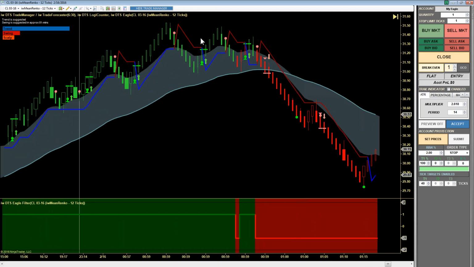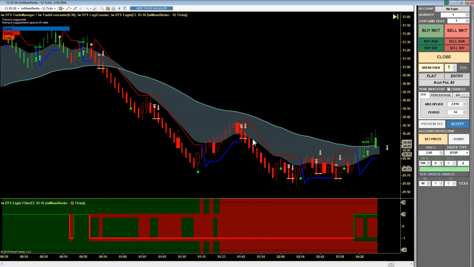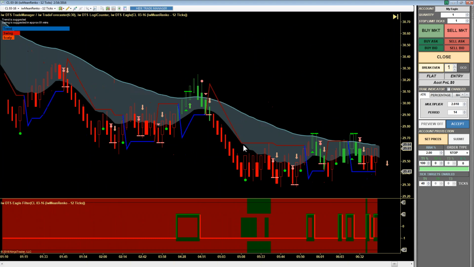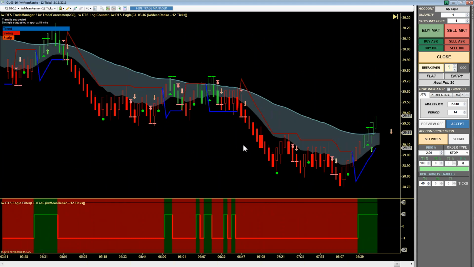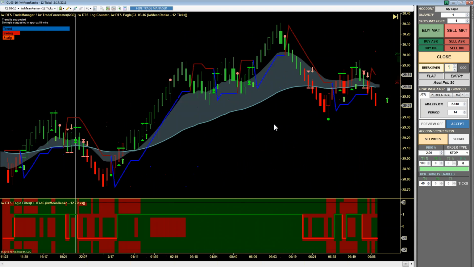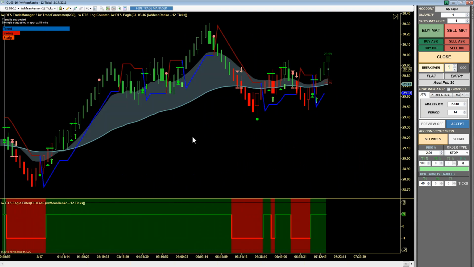Crude made a run up and then a pretty quick reversal yesterday. And then here we are again with the run up in the overnight. And it looks as though the market's trying to hold on to that support. But we are more or less range bound here.